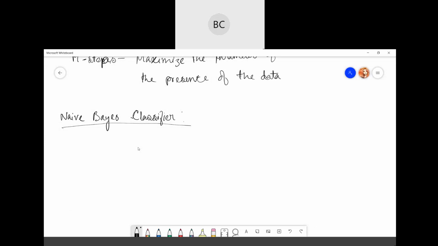Naive Bayes is supervised or unsupervised? Naive Bayes is your probabilistic supervised classifier.